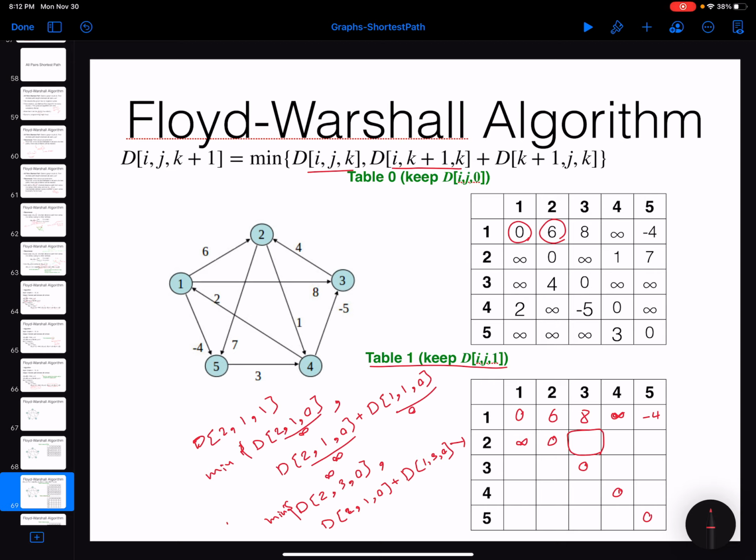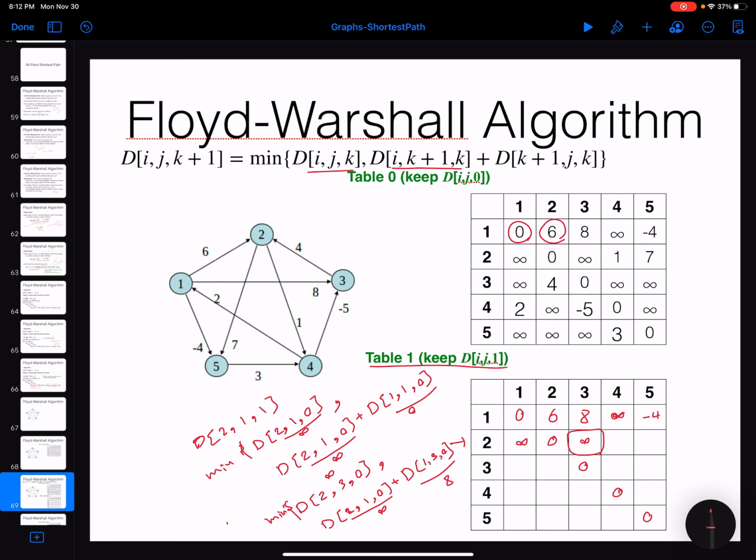This was infinite, the cost of going from 2 to 3 using no other node. The cost of going from 2 to 1 using no other node is infinite, and the cost of 1 to 3 using no other node was 8, so this one is going to be infinite as well. Now this one is not going to change.